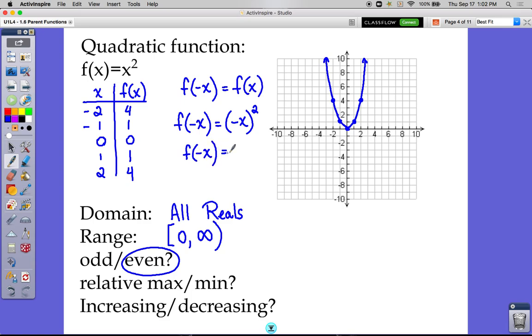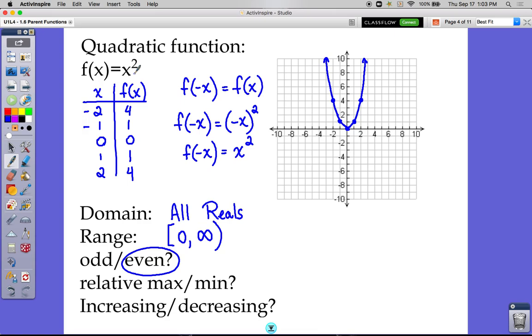It goes away. So negative times a negative is in fact x squared. And if you notice, if I put in a negative in for the x, I end up with the same exact equation I started off with. That in fact makes this function even. Also, as we said, if you can fold it over the y-axis, it matches. If it's a mirror image on both sides, then it makes it an even function.